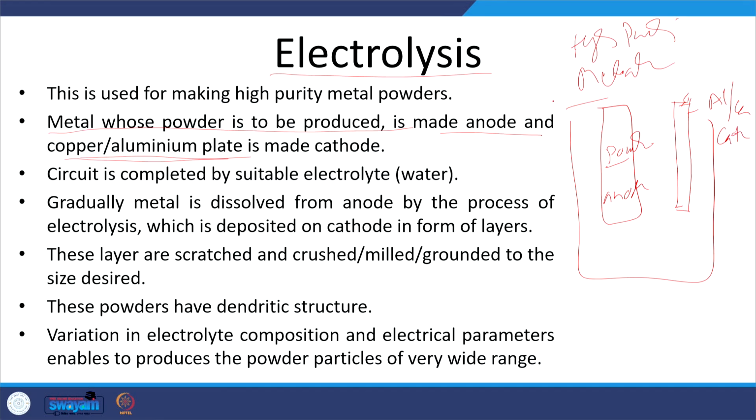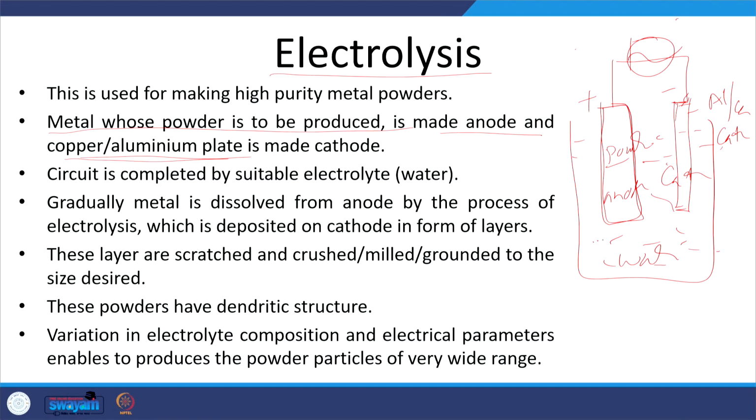Now this anode and cathode will be connected to a suitable DC power supply. The material whose powder is to be made is connected to the positive terminal, so it will be made the anode, and the aluminum or copper sheet will be connected to the negative terminal, so that will be made the cathode. Then the electric circuit is completed with the help of an electrolyte, which is usually water.